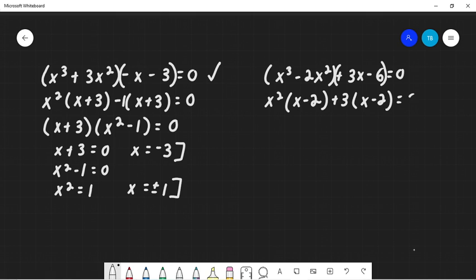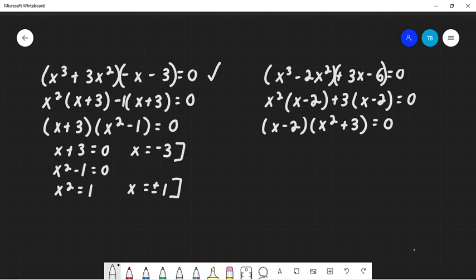So once more, we have the same binomial expression in each of our two new terms. And we're going to factor that out in the next step. So that binomial x minus 2, we factor that out here, bring it out, x minus 2. And then we're left in the first term with x squared, and then the second term with plus 3, all of which is still equal to 0.